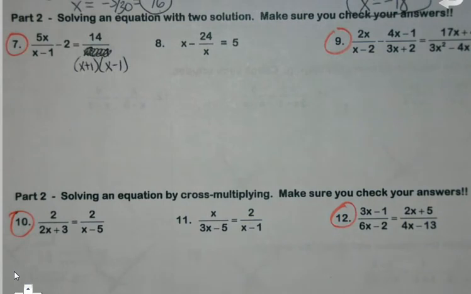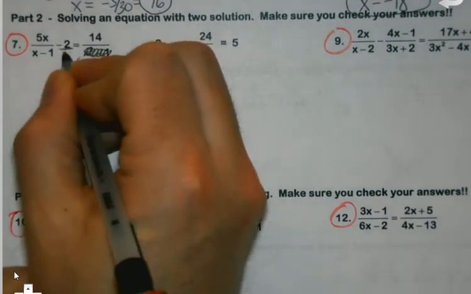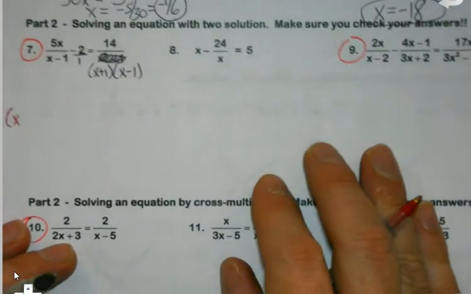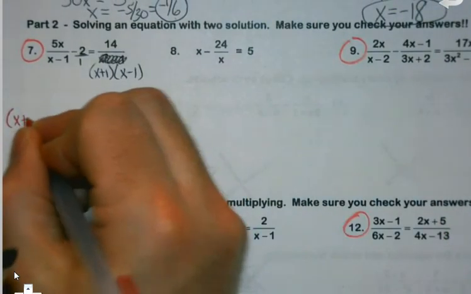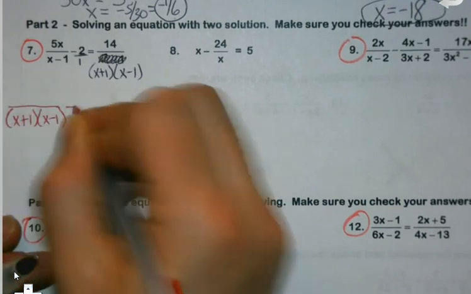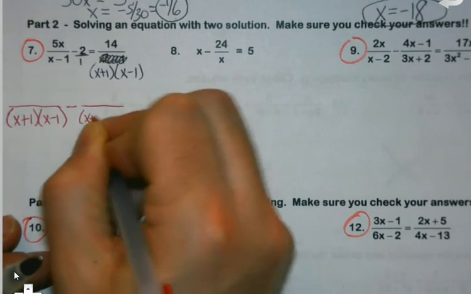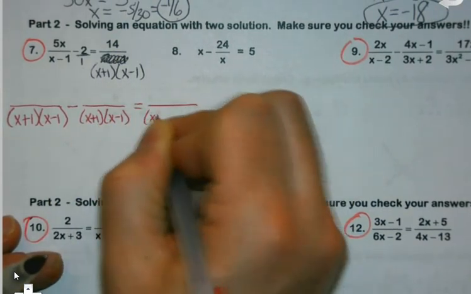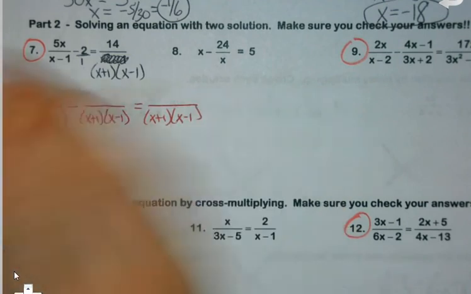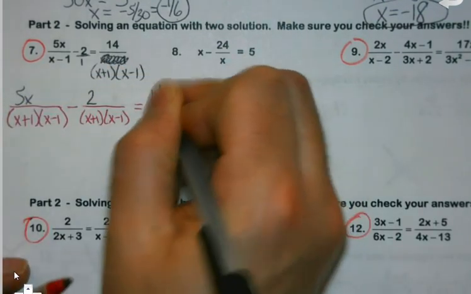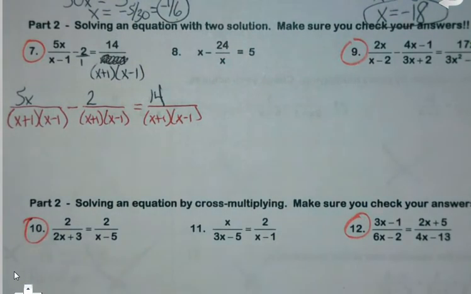So, what's our LCD going to be this time? X plus 1, x minus 1. And again, we're not going to be doing 8, so if you need a little bit of room, that's all right. And get my initial numerators up there.